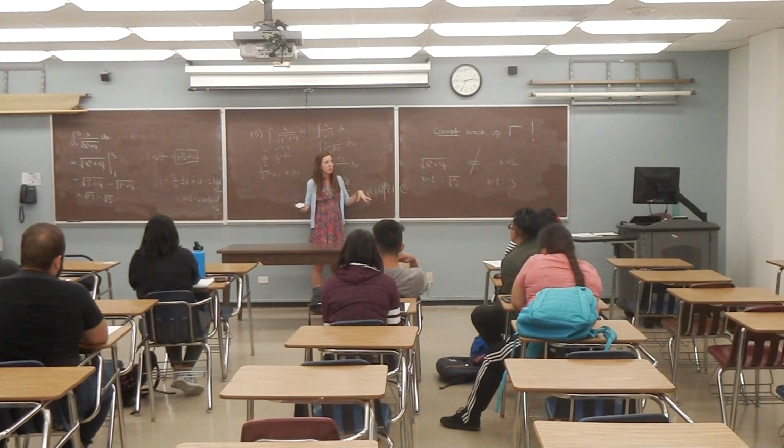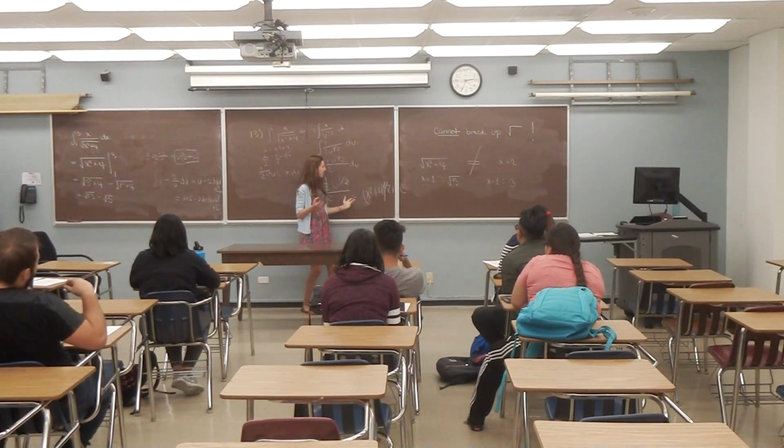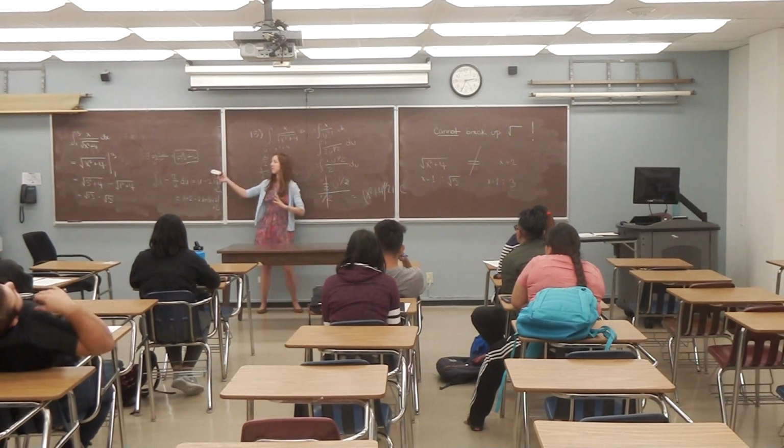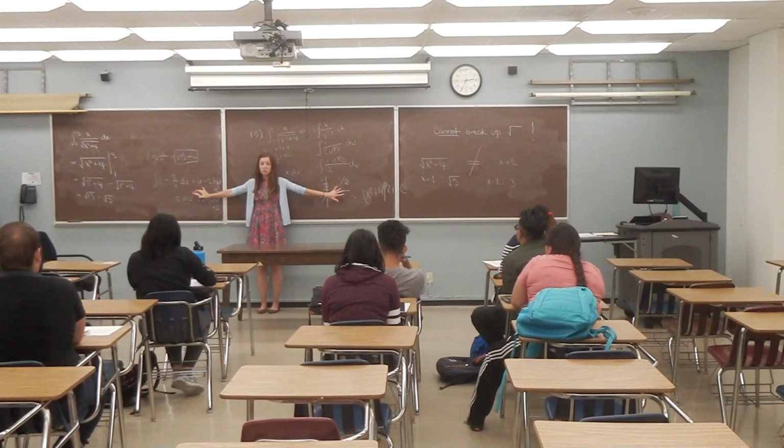When you go forward into Calc 2, some substitution problems get really complicated and long, and changing everything back to x's and then putting in the numbers becomes very tedious. So there's actually another way that you can do U substitution problems with bounds.